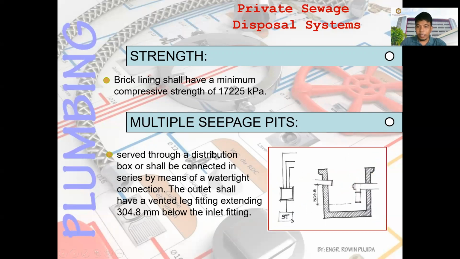Okay, so this one. So this is the inlet of fitting. This is your septic tank. This is the seepage pit. So you have the inlet, or this is the outlet now of the seepage pit. So you have that distance 0.3 meters, no, from the outlet of the septic tank to the outlet of your seepage pit. Okay.